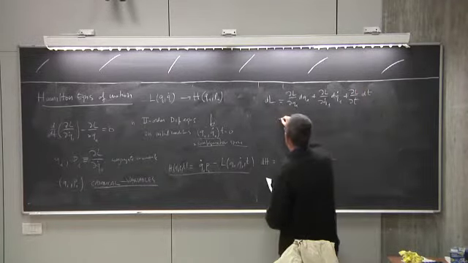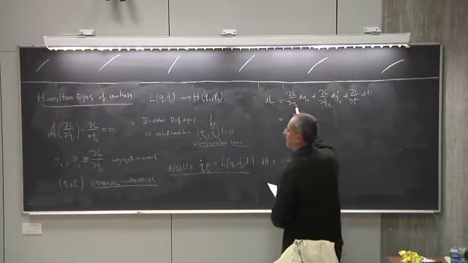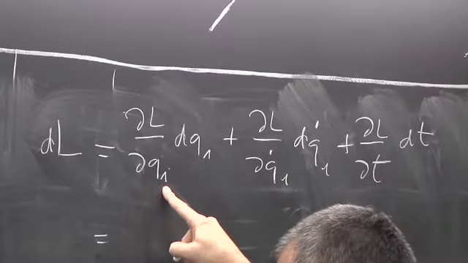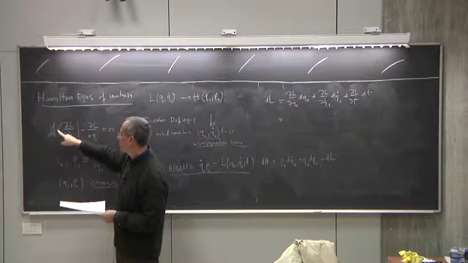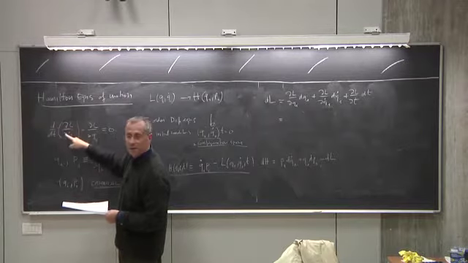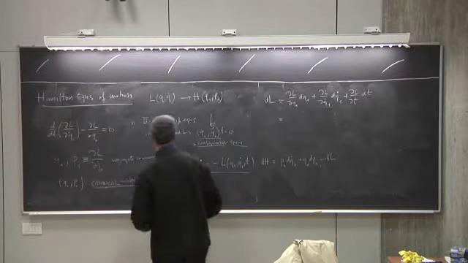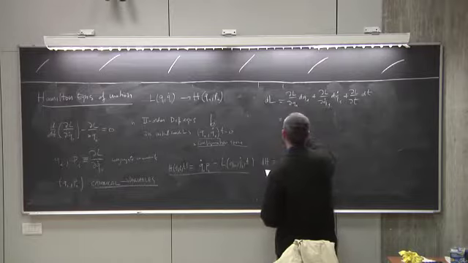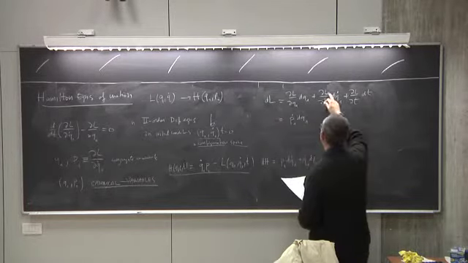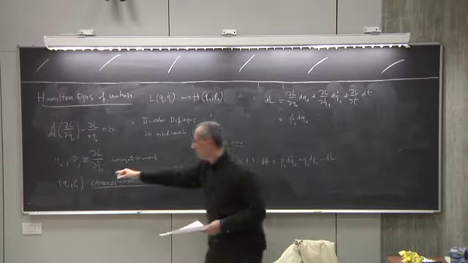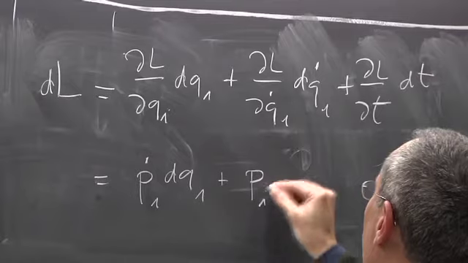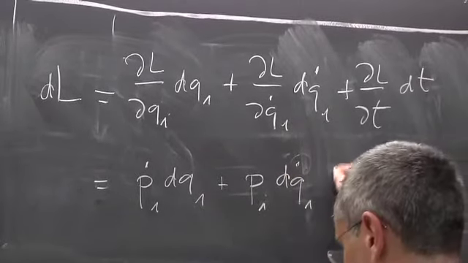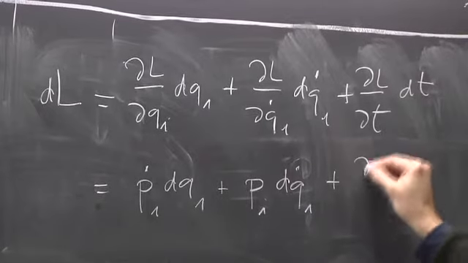But what is ∂L/∂q_i? You remember, it's nothing but p dot, Newton's equation. And what is ∂L/∂q_i dot? Well, this we wrote. It's just the momentum, so this is p_i. And what is ∂L/∂t? It is ∂L/∂t.